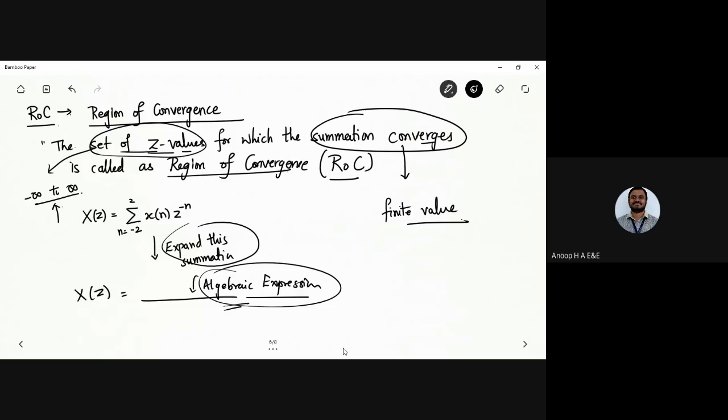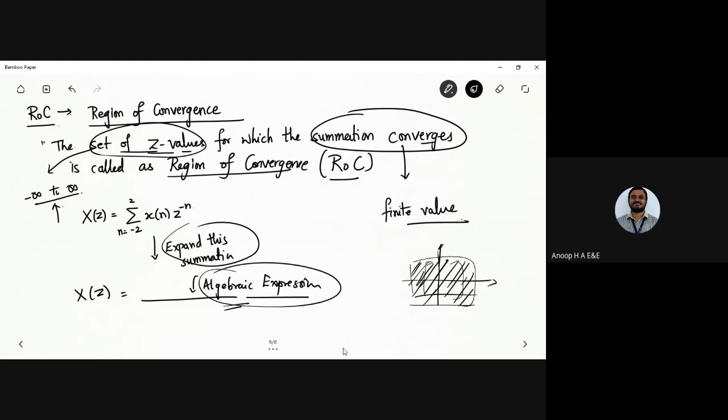The set of Z values over which the summation is converging in nature is such a region of convergence. So you have a certain region, say from minus 2 to plus 2, or minus 3 to plus 3. That entire region where you define this Z transform is said to be converging in nature, right?